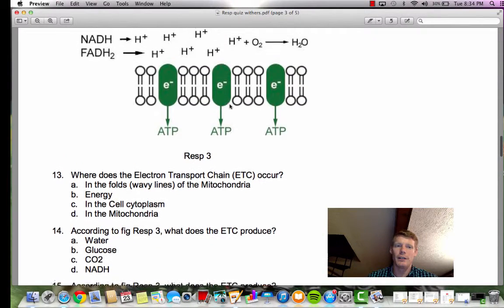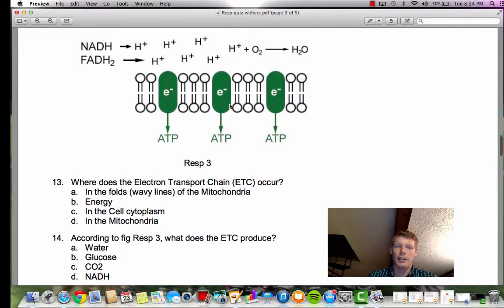14. According to figure respiratory 3, what does the ETC produce? What does it produce? A, water, B, glucose, C, CO2, or D, NADH?